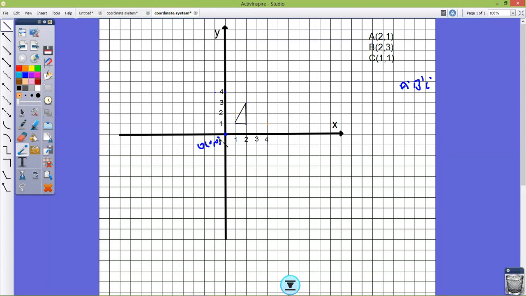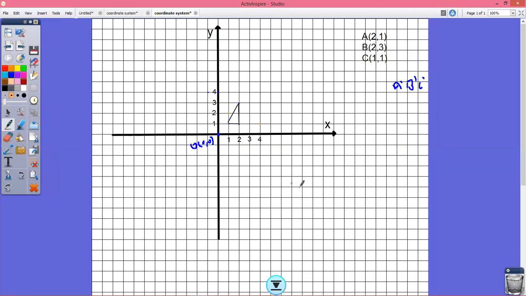Now what we are going to do is enlarge it with the scale factor 2. Now, what we need to do here? Here we have the A point, is it true? A point, we have 2 and 1. We need to write this A point in new form: 2 multiplied by 2 and 1 multiplied by 2.